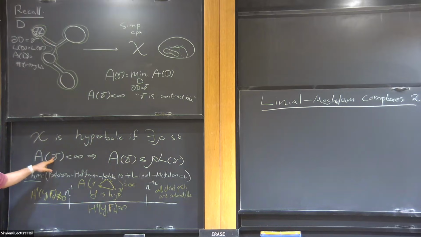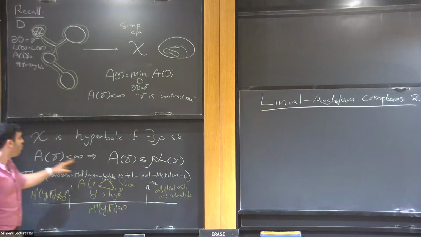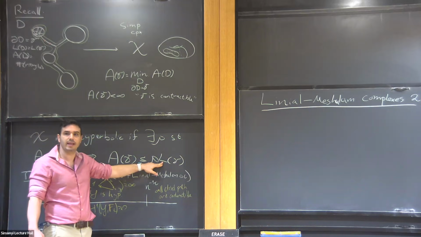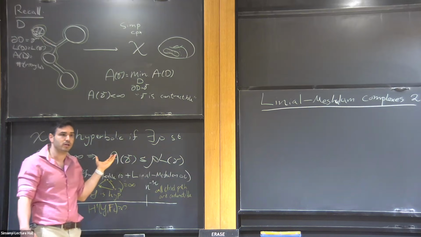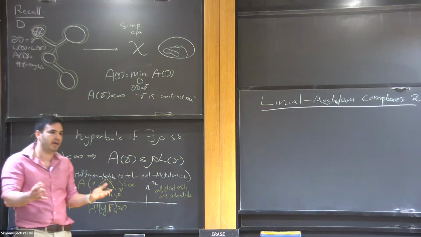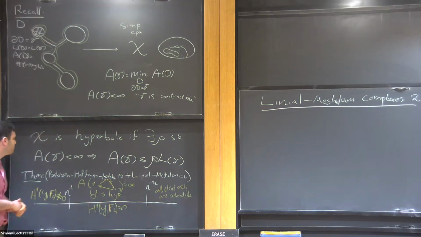If the area of a closed path is finite, so if the closed path is contractible, not only is it finite, it's bounded, in a linear fashion, by the length of the path. So if it has a contraction, it has a small contraction. And the smallness is compared to the length of the original path.